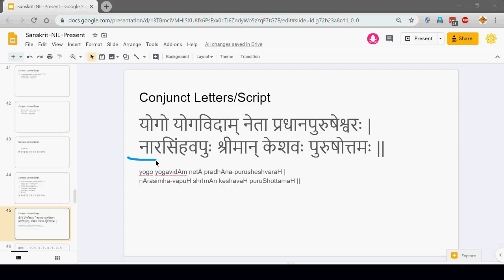Shrimat. Yeah, Shrimat. No, this is na. Shriman. Oh, Shriman, yes. Shriman. Keshavaha. Keshavaha. Is that right? Yes, correct. Perfect. Keshava.